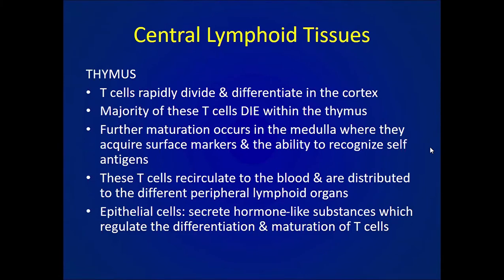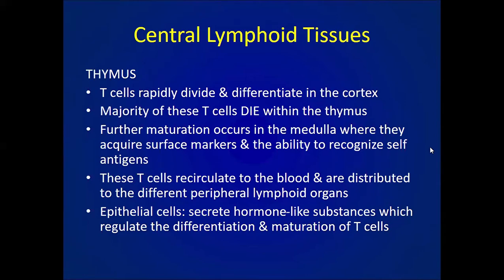Further maturation occurs in the medulla, where they now acquire the surface markers and the ability to recognize self-antigens. These T cells recirculate in the blood and are then distributed to the different peripheral lymphoid organs.